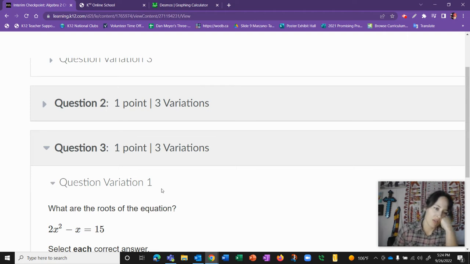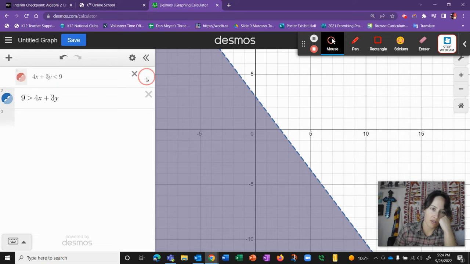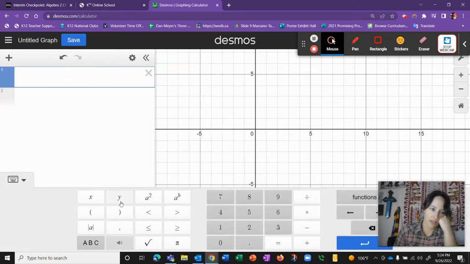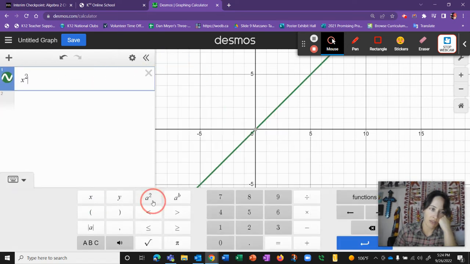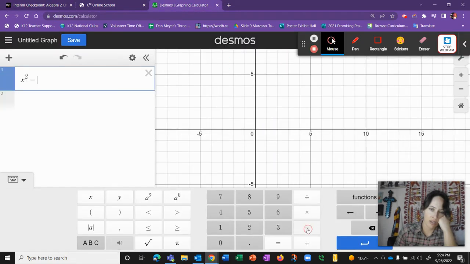What are the roots of this equation? Okay. Let's see what happens if I type this into Desmos or a variation of this. So I'm going to get rid of these. What was it? X squared. Look, what does this do? X squared minus x. Okay.